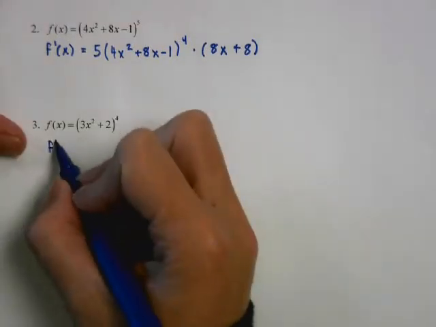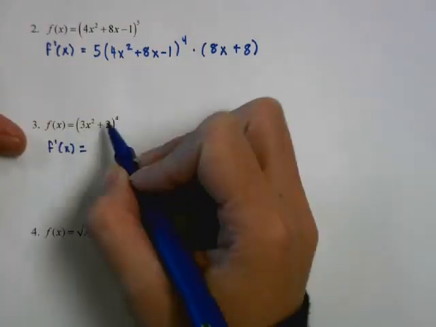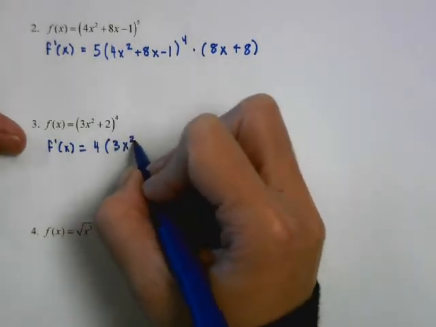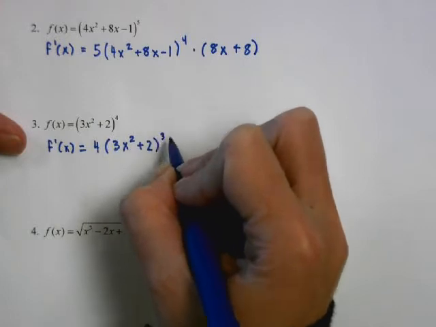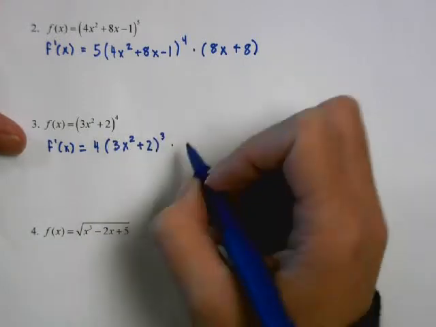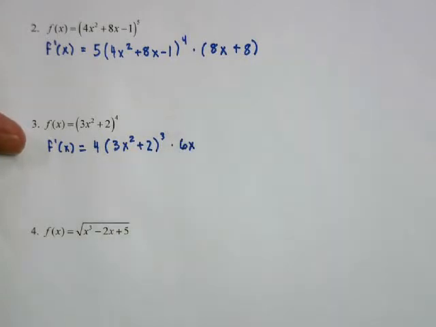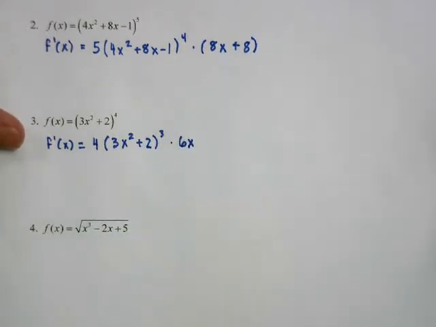So let's do this one. Bring down the power, so 4, leave the inside alone, cubed. Multiply that by the derivative of the inside, which is going to be 6x.